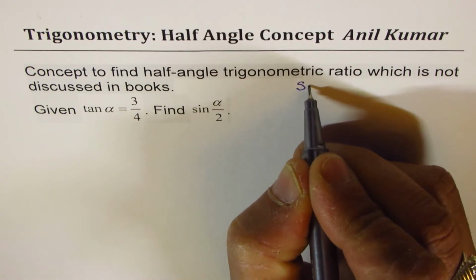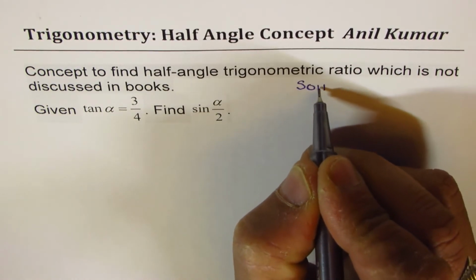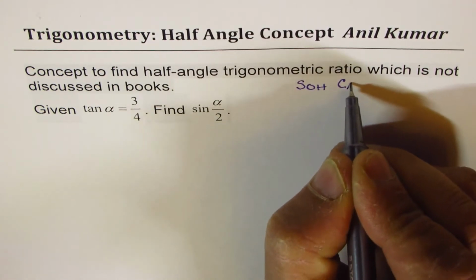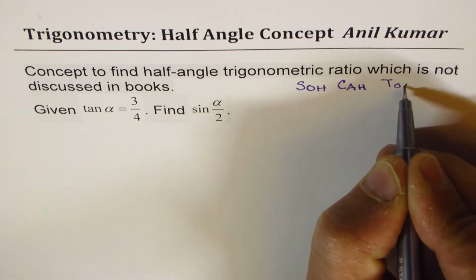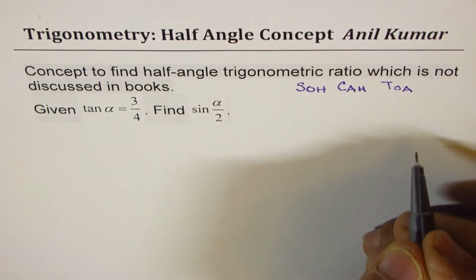One is, what is sine? Sine is opposite over hypotenuse. Cos is adjacent over hypotenuse. And tan is opposite over adjacent in any given triangle.